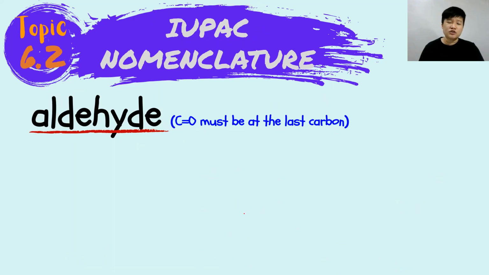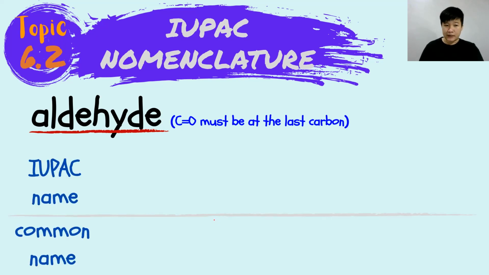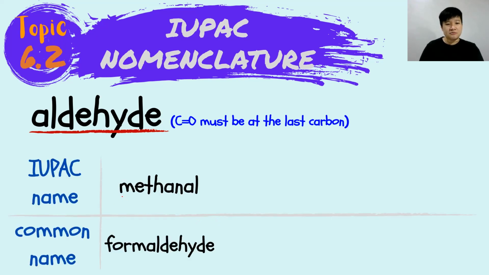So let's move on to some famous common names that we always use in the exam. The first one, if the IUPAC name is methanal, the common name is actually formaldehyde. So methanal, we know that is a 1 carbon aldehyde. So that is your methanal, 1 carbon.